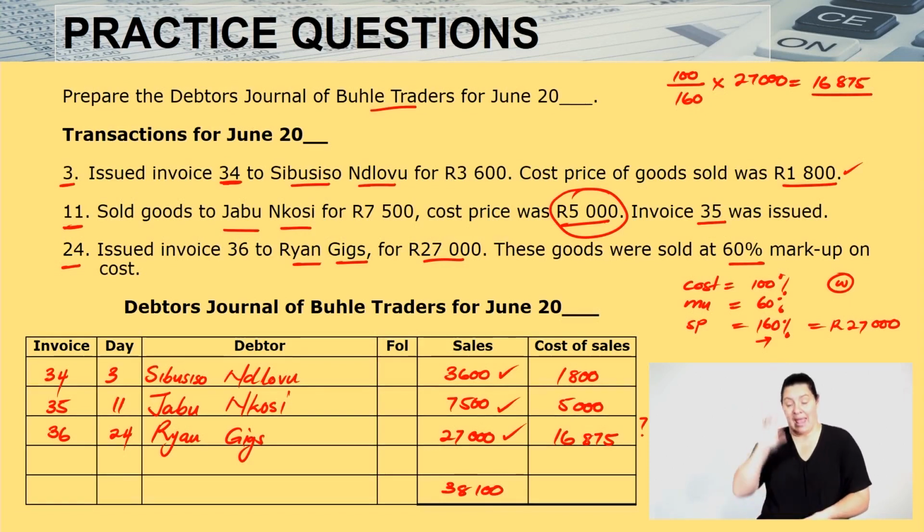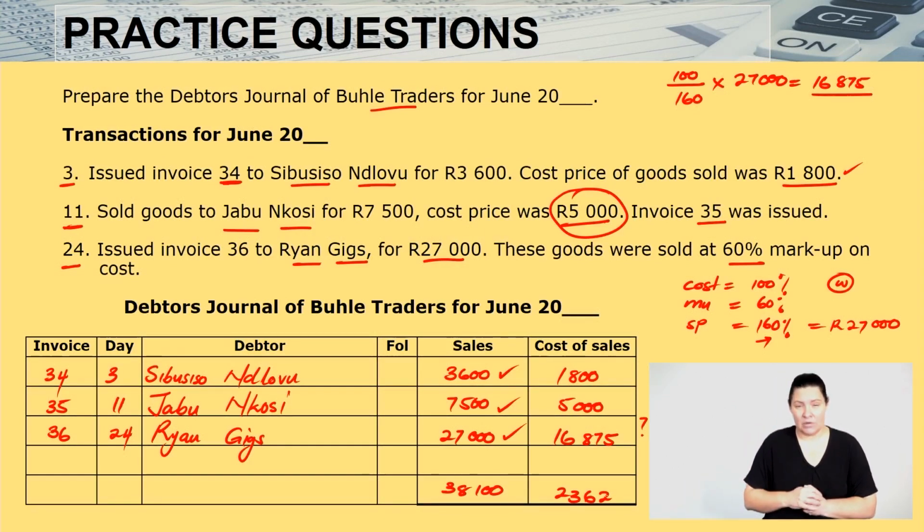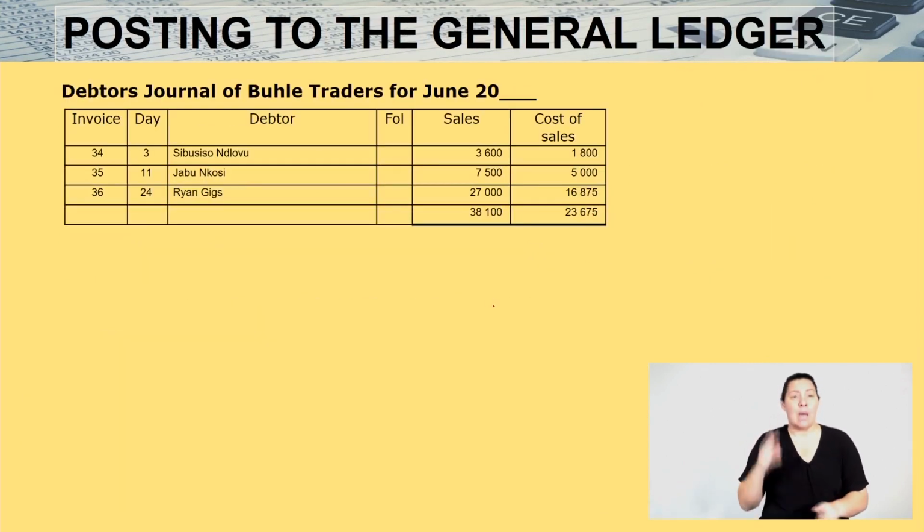And then if I add these ones, that gives me 23,675. 75, not 25. After preparing the debtors journal, we then need to post to the general ledger.